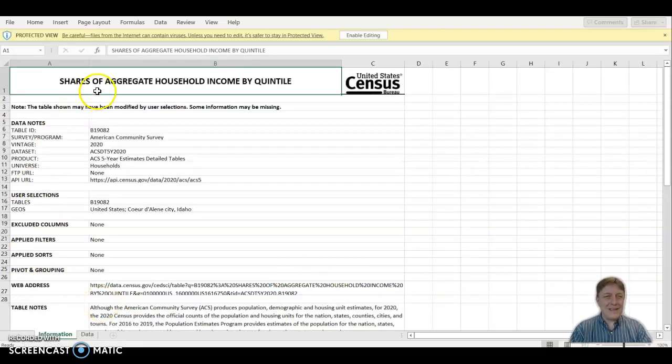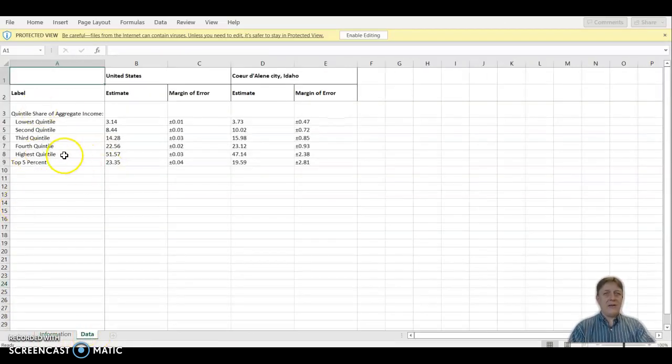And you'll see that there's a tab for information, which is a description of what you're going to be looking at. And then you'll find you have here for the United States and Coeur d'Alene, you have information on the quintiles that are available.